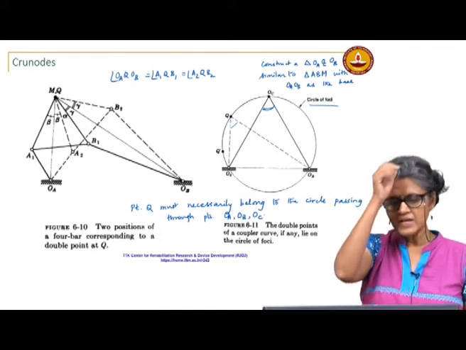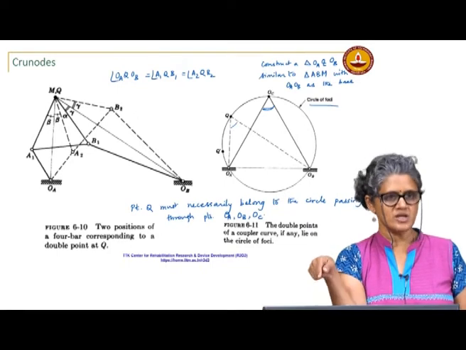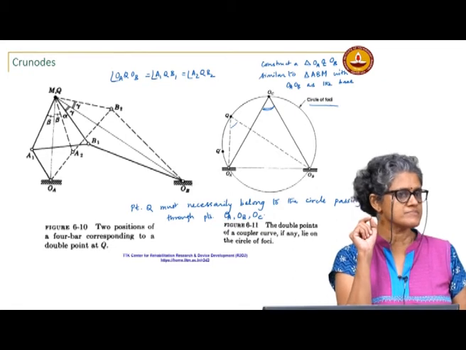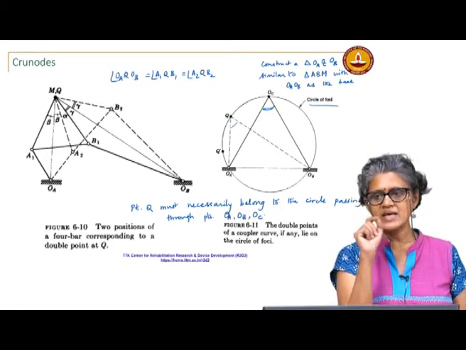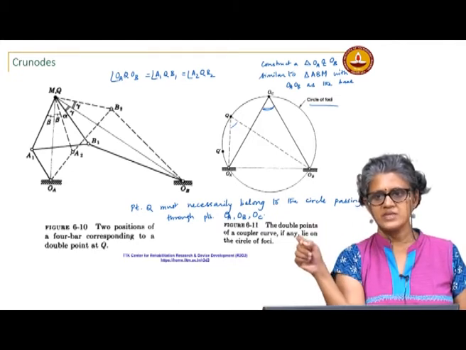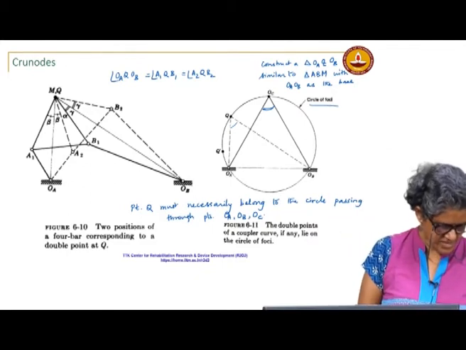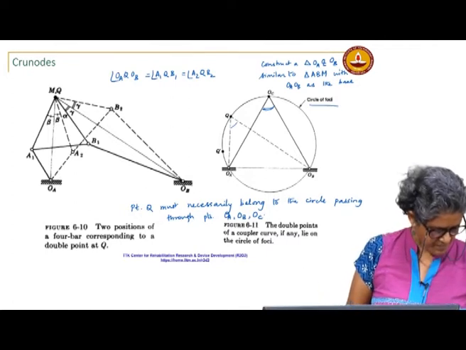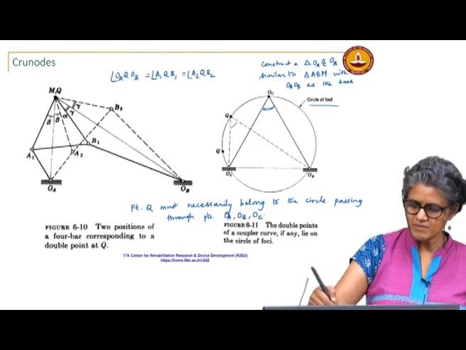So, where the coupler curve intersects the circle of foci, you will have a double point. A double point exists at the intersection of the coupler curve with the circle of singular foci. It is actually called the circle of singular foci.